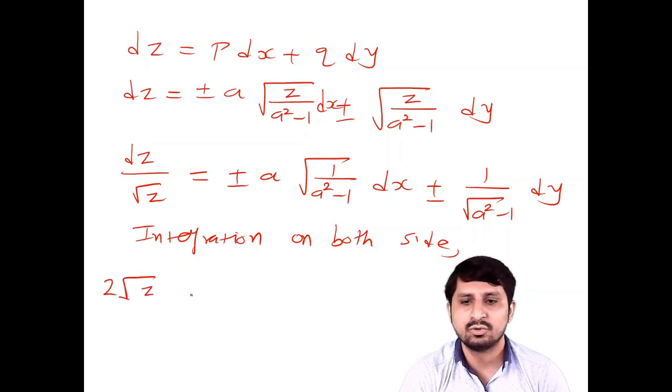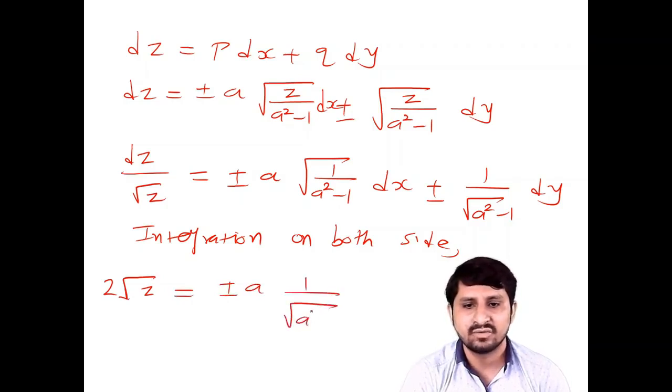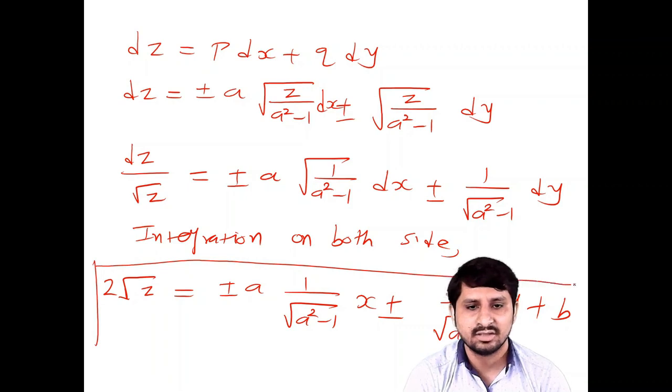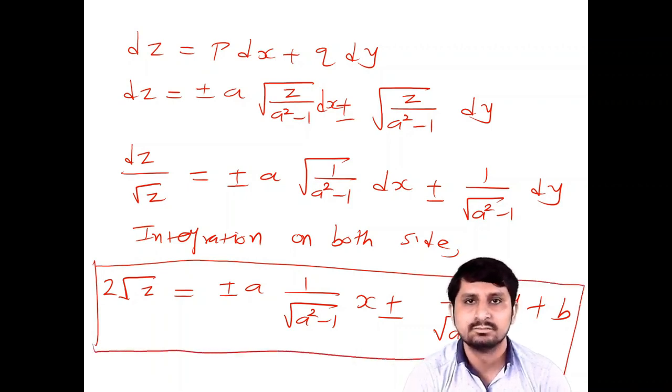On the right side we have only constants, so plus or minus 1 upon square root of a square minus 1 x plus or minus 1 upon square root of a square minus 1 y plus b. Okay, so this is our final solution for our first example of type 2.